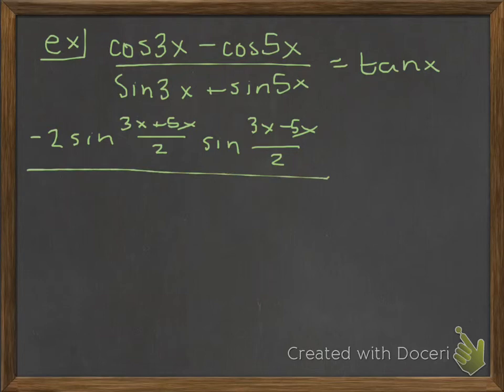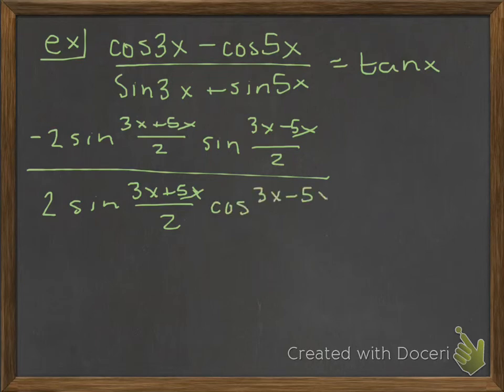And now in the bottom, the sine plus sine, we'll use the top formula. And that top formula says 2 sine of alpha plus beta, so 3x plus 5x, times cosine of alpha minus beta, so 3x minus 5x all over 2.